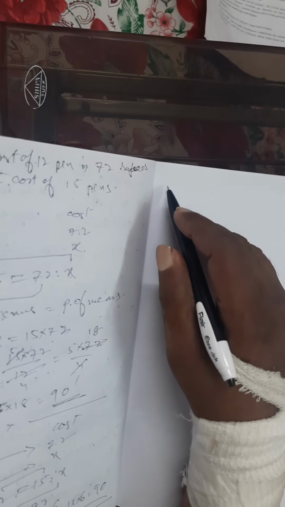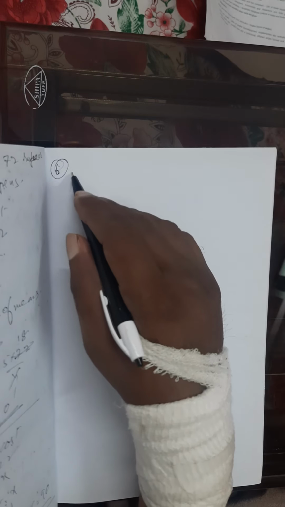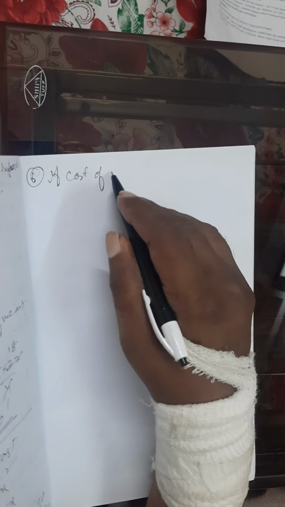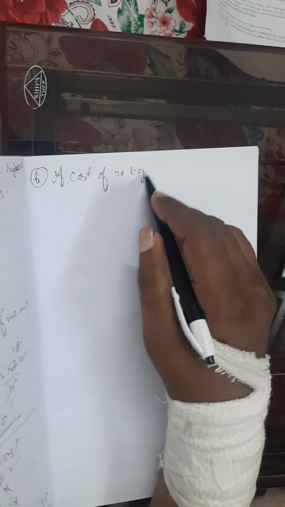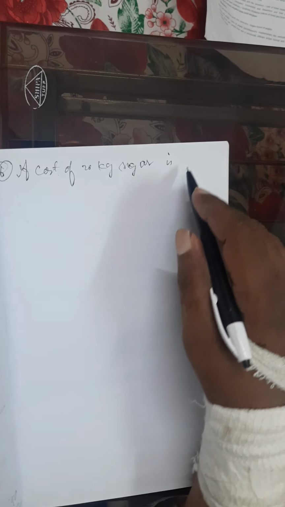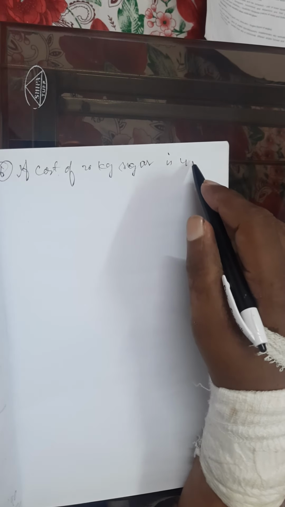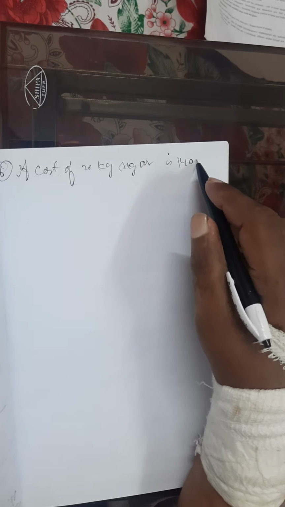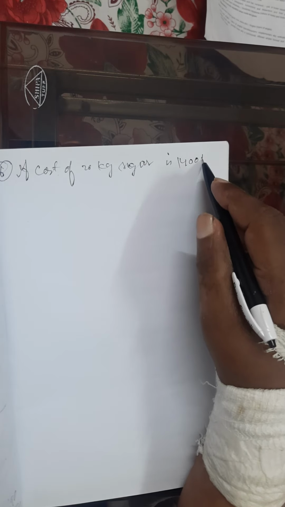Now we are going to solve the sixth question. Let the cost of 20 kg sugar be 1400 rupees.